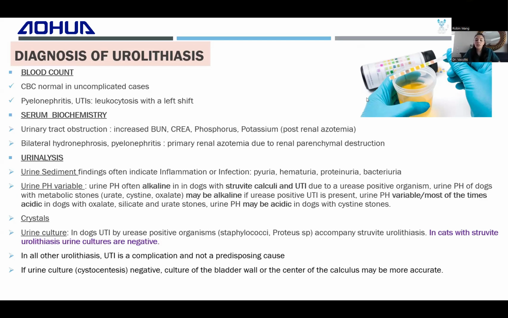So when I do cystoscopy, of course, I'm sending off urine culture with cystocentesis, but one of my biopsy samples will always be sent for culture in order to see if I have a resistant strain, especially in recurrent cases, because these two might give totally different results.